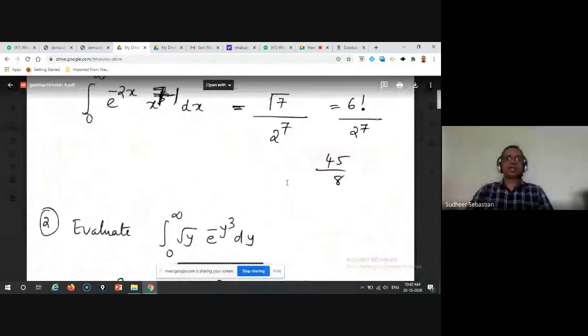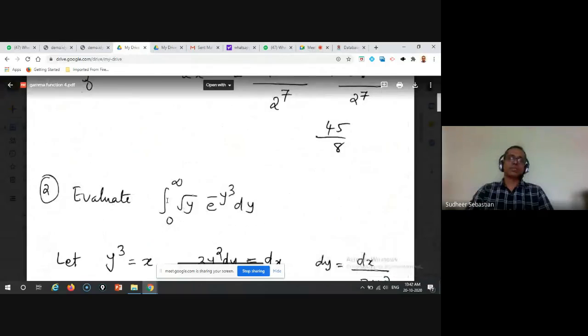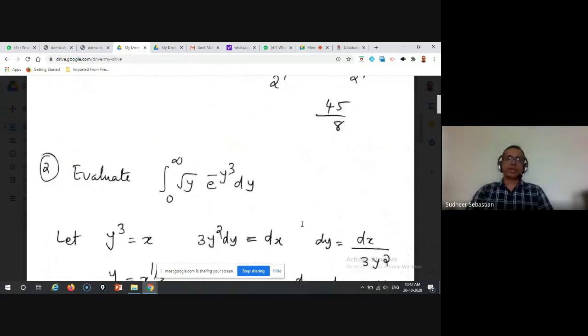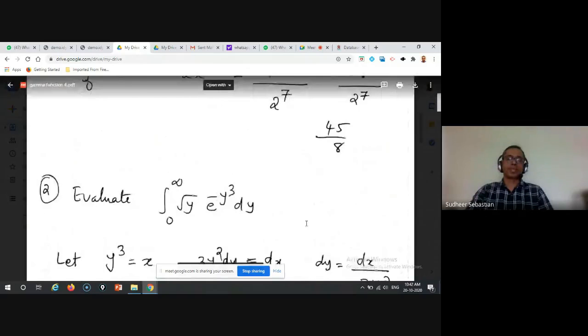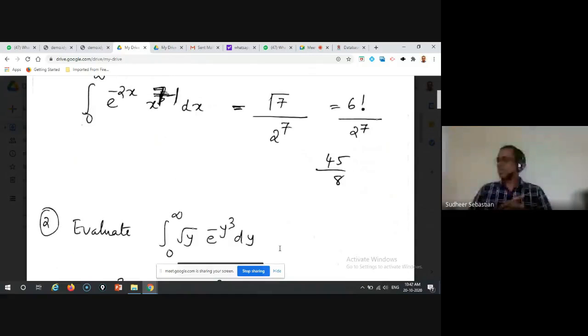Then another question. We have to evaluate this integral, 0 to infinity, root y exponential minus y cube dy. This integral can be evaluated using the gamma function.